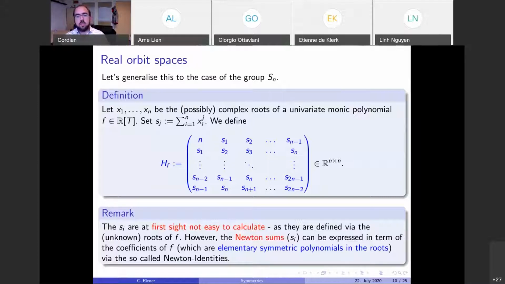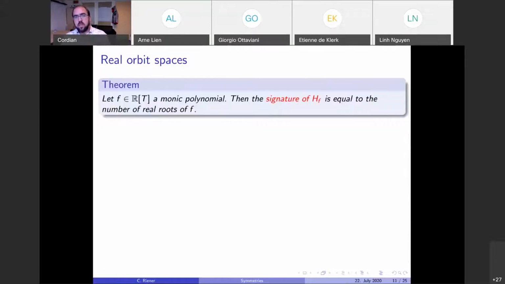Okay, why is this matrix now important? The interesting thing is, if I take a monic polynomial, then the signature of this quadratic symmetric matrix is equal to the number of real roots of f. And even if you have never heard the statement, it's a very beautiful statement because it lets you guess the number of real roots of a polynomial without the need of actually calculating the roots, just with linear algebra.